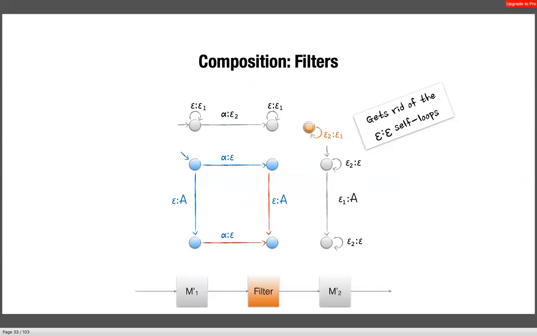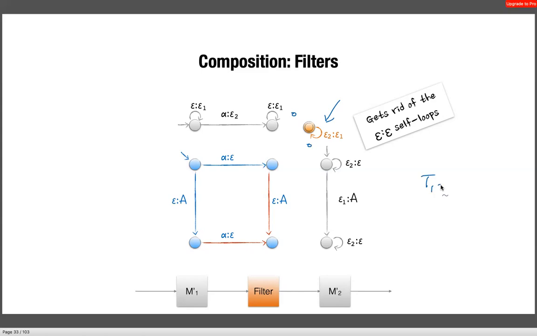So here's what I can do. I can introduce what I'll call a filter FST, and the role of the filter FST is to filter out all but the relevant transitions in the composed FST. It turns out that this filtering operation in itself can be encoded as an FST, and then I can compose these three machines.